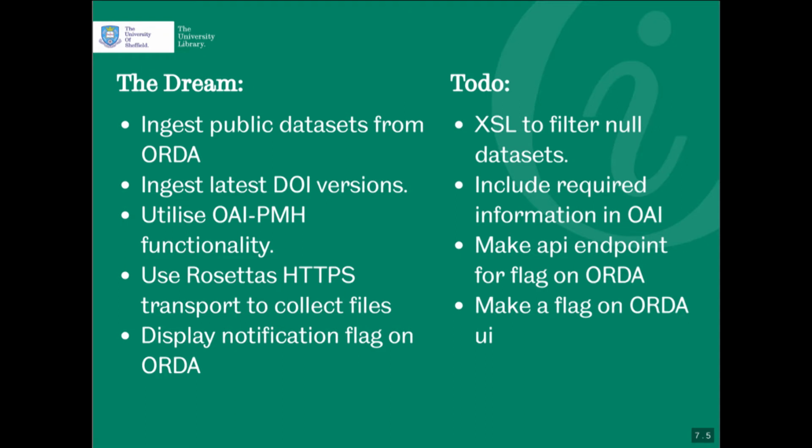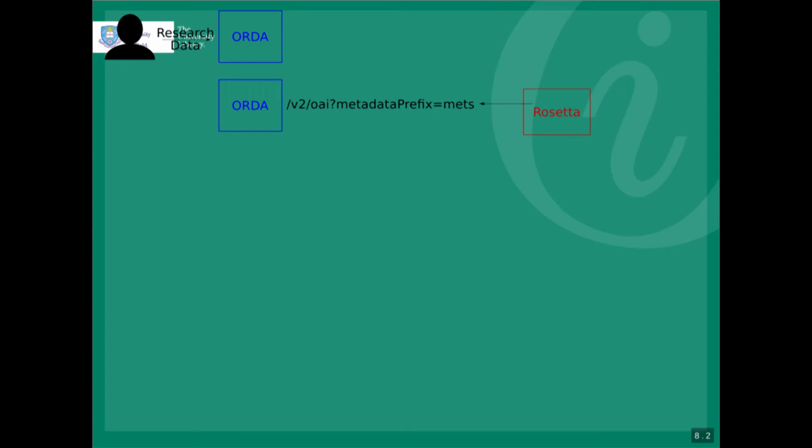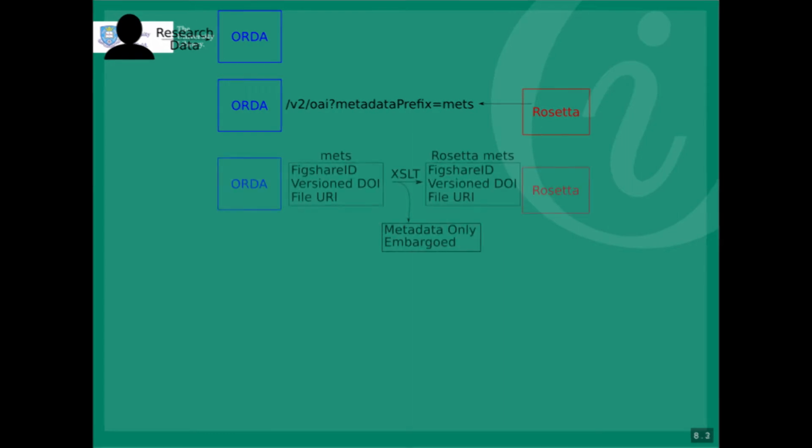So in terms of a flow, what happens? The researcher deposits their research data in ORDA. Rosetta goes and picks it up over OAI using the METS profile. We transform Figshare METS into Rosetta METS, dropping the bits that we need. Rosetta goes and gets the files.